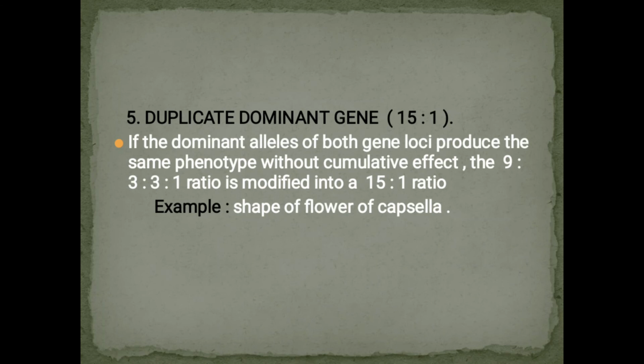Duplicate dominant gene. Its ratio is 15:1. If the dominant alleles of both gene loci produce the same phenotype without cumulative effect, the 9:3:3:1 ratio is modified into a 15:1 ratio. This is called duplicate dominant gene. Example: shape of the capsule of flower.